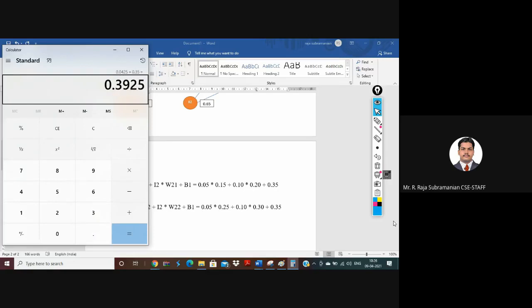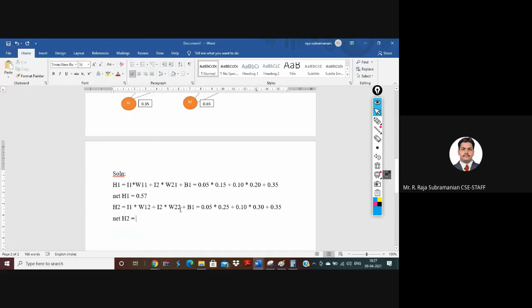Right? I'm getting 0.3925. Is it correct? Shall we proceed with 0.3925? Yes, sir, 0.3925. What is this?